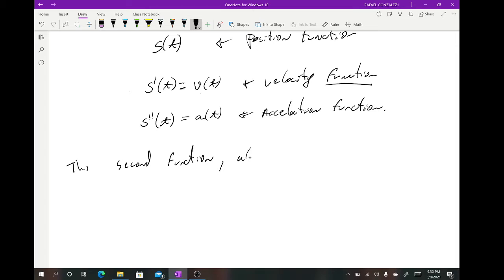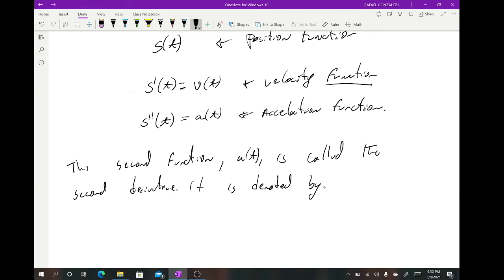It is denoted by, as I wrote, s double prime. We read that as s double prime t.